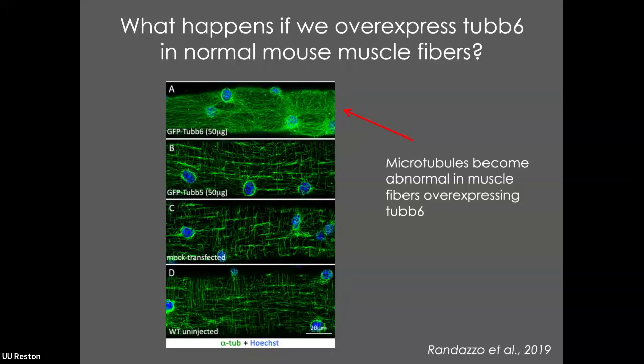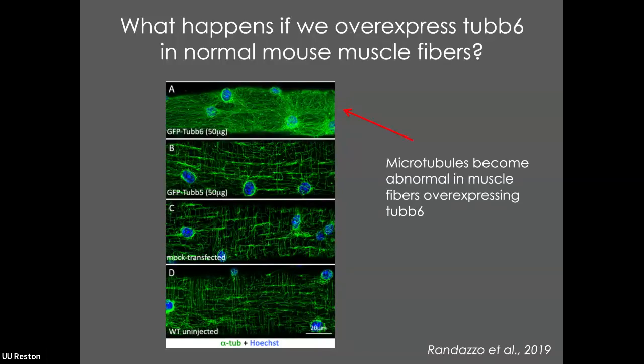Davide Randazzo, who was a postdoc working with me and who's now replacing me at the NIH, did different experiments. What he did was to overexpress top 6 in mouse muscles. So you can inject what's called a plasmid, a piece of DNA, sometimes with a fluorescent tag, and it will be expressed where you inject it, and then you can see what things look like.